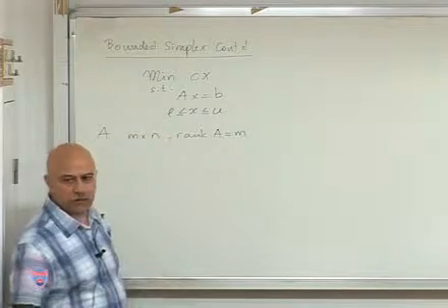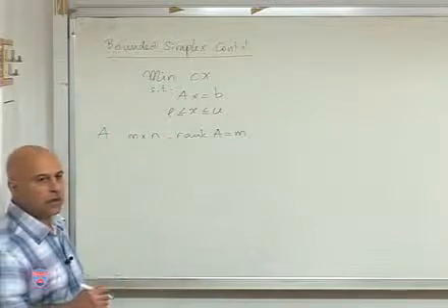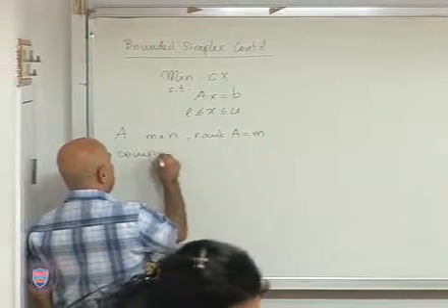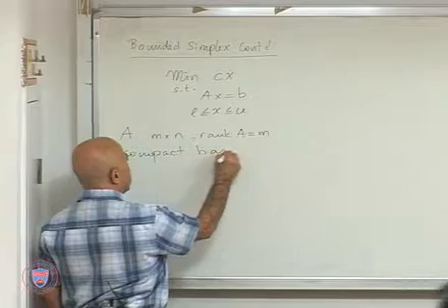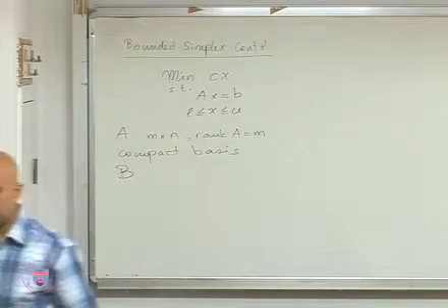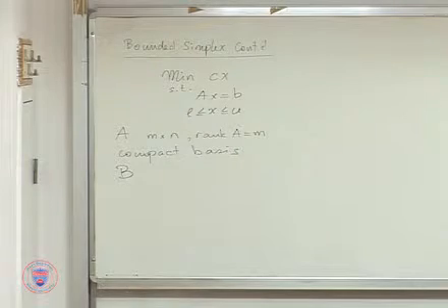So instead of doing that, we're going to deal with compact basis, which means that we are going to work with basis matrices of size m by m rather than the enlarged one.